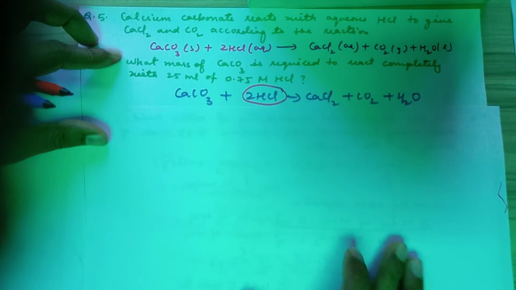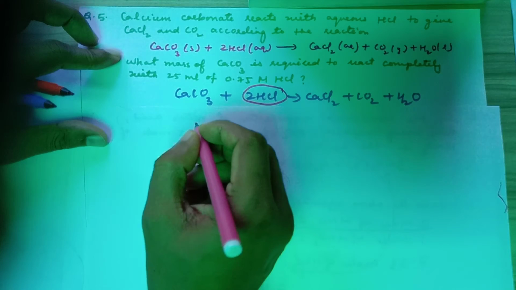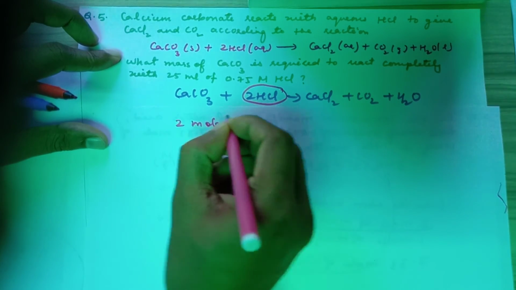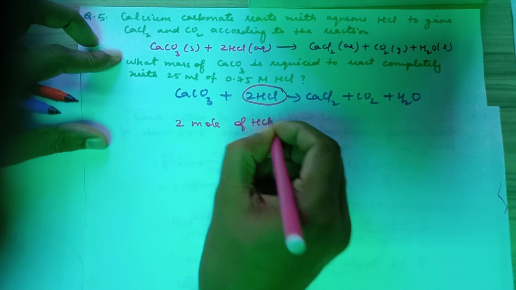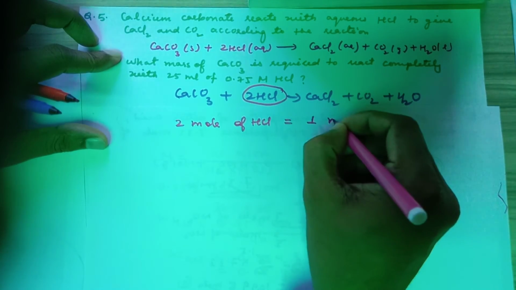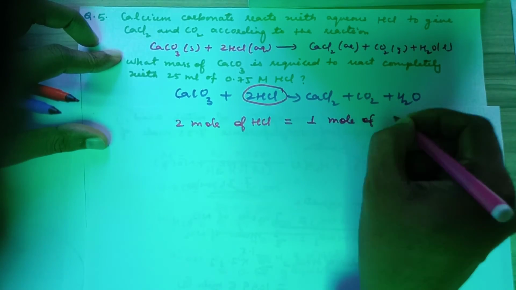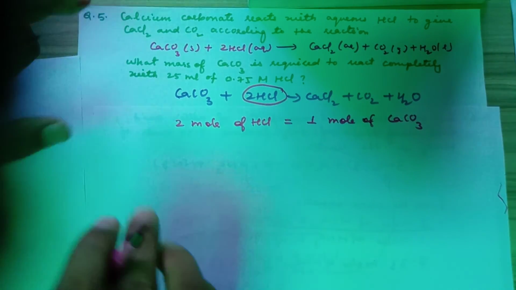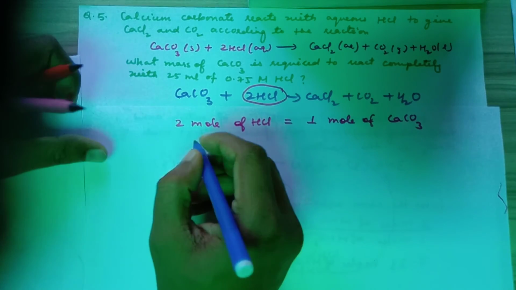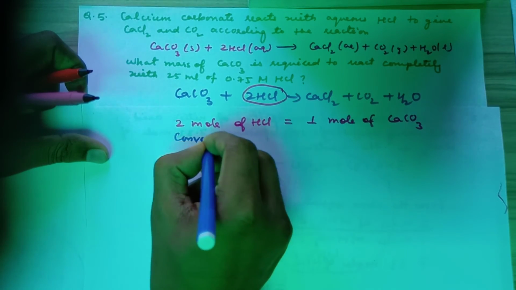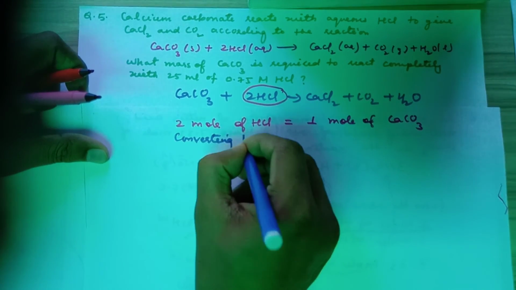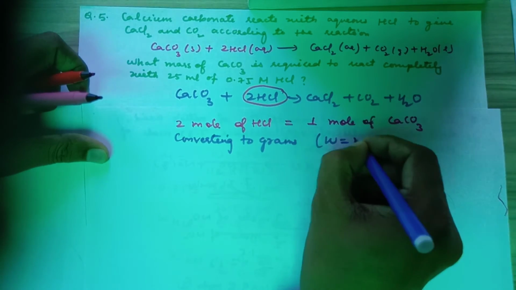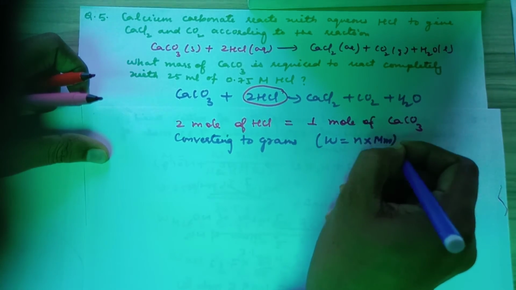Converting it into grams, we use W is equal to n into mm.